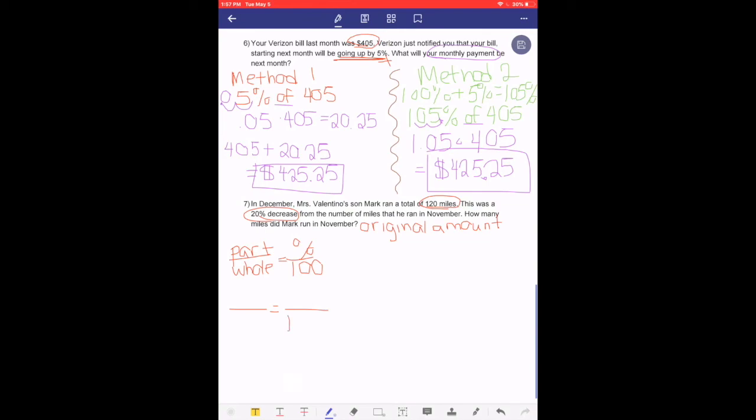So remember, the bottom right always stays at 100. That one doesn't change. So the part is always going to be the new amount, and the new amount is the December amount, the more recent amount, which is 120. For the whole is the original amount. That's what we're trying to find. So because we don't know that, we make that x.